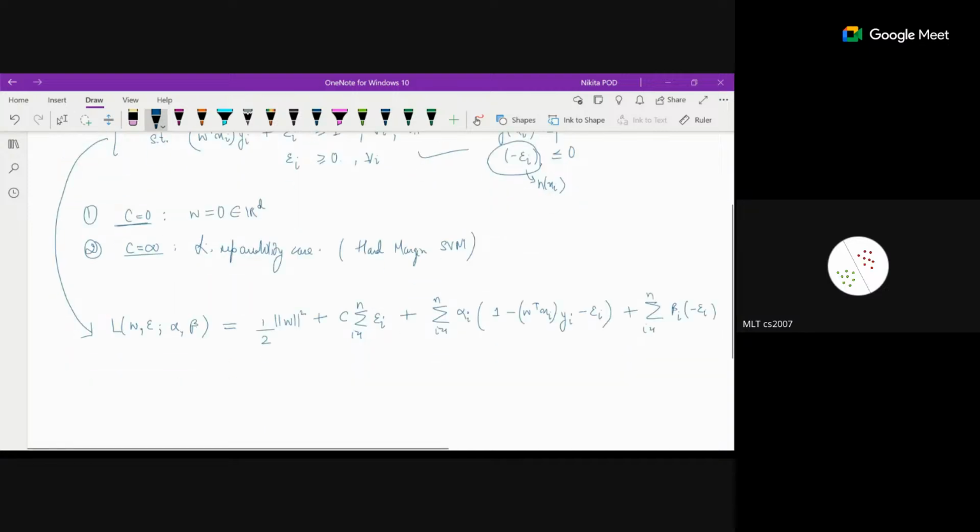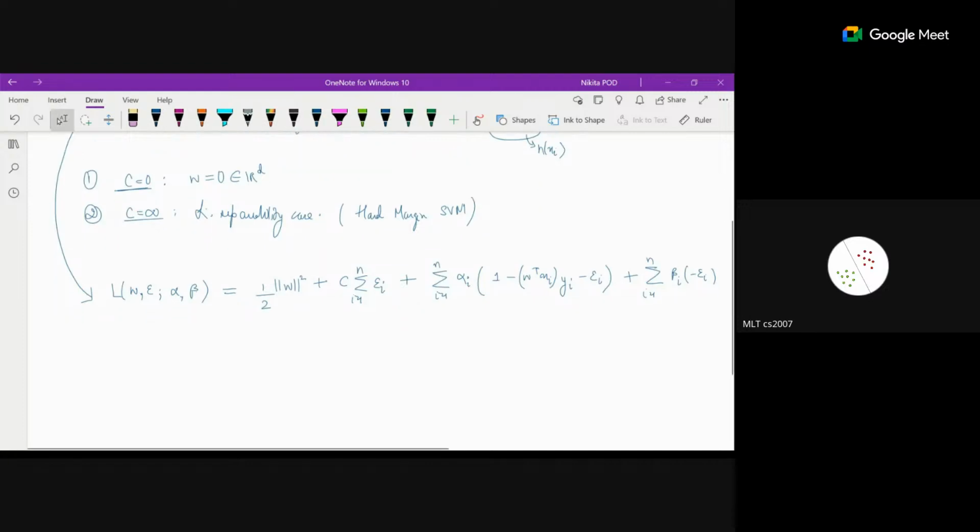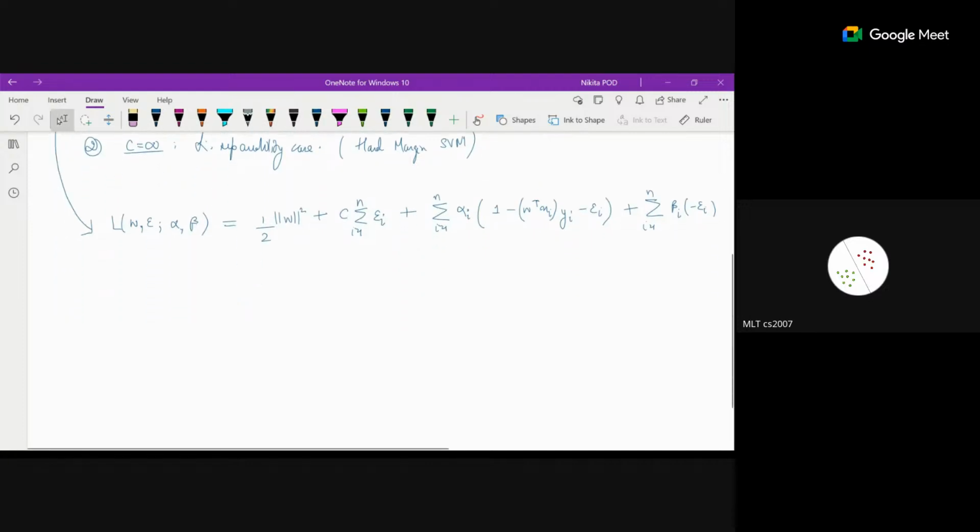All right. So if this is the Lagrangian function, what will the dual problem become?